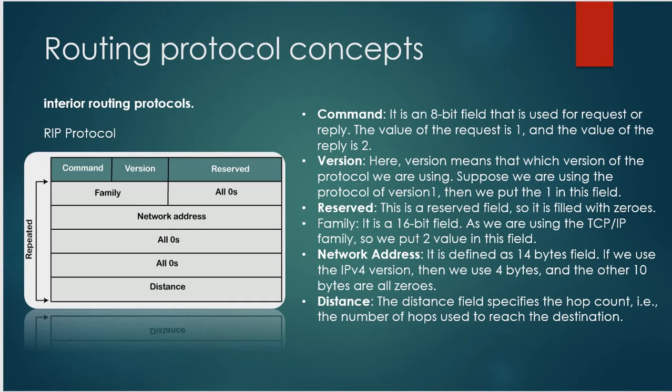Under RIP we have different versions: version 1, version 2, and RIPng, the next generation, also. So this version field contains these three different types of routing information protocols.